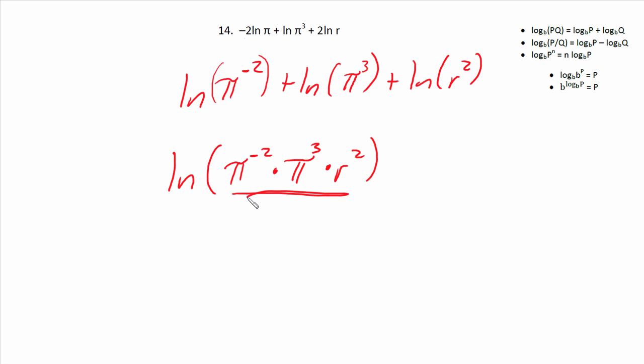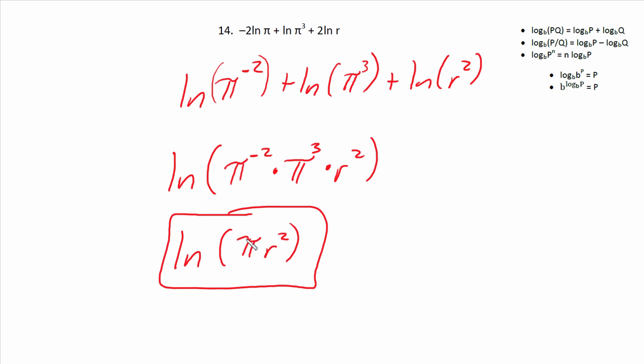Now I need to simplify a little bit in here. I have a base of pi in both cases, so I'm adding the exponents. Negative 2 plus 3 is 1, so it's ln of pi to the first power, we won't write it, and then r squared. So that is our final answer right there, ln of pi r squared.